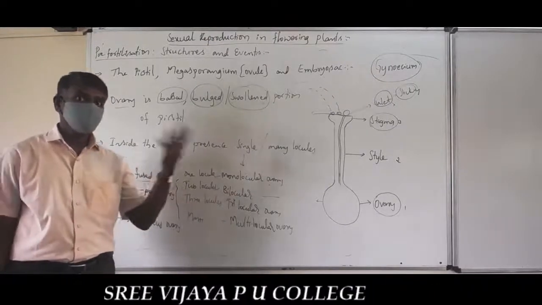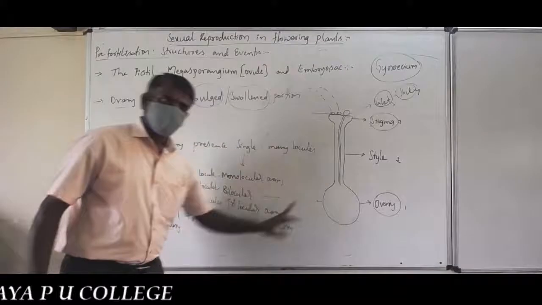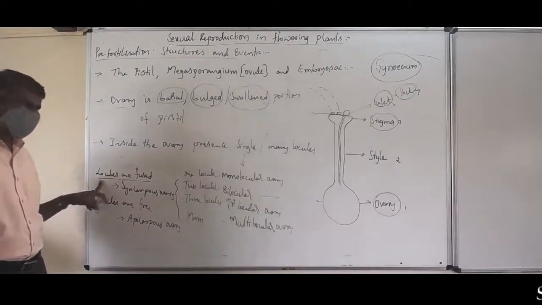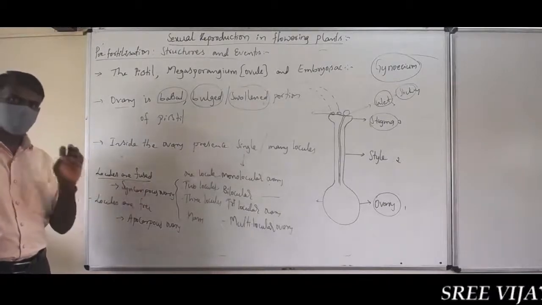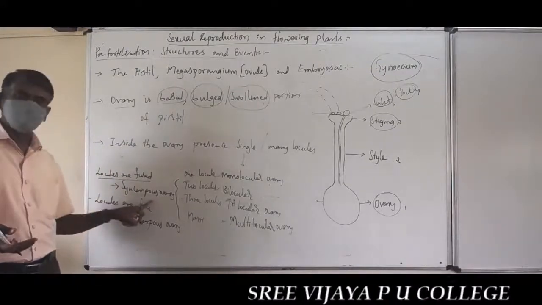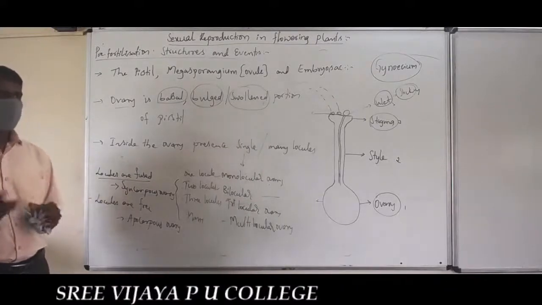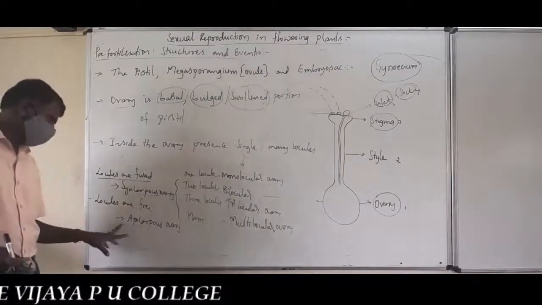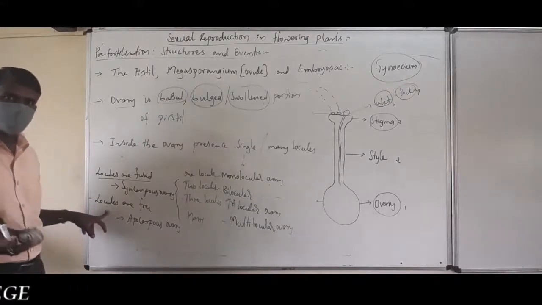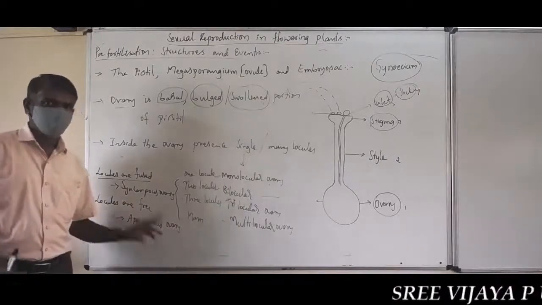If it consists of more than that, it is multilocular. If all the locules are fused, that is a syncarpous ovary. If the locules are free, as we see in the orange, that is an apocarpous ovary. The locules are not attached one to another.